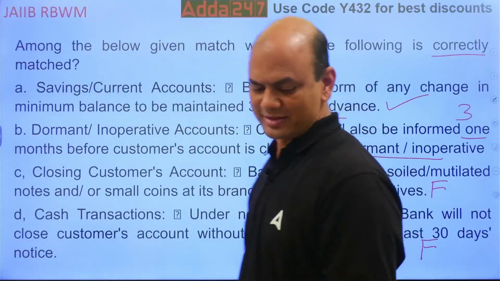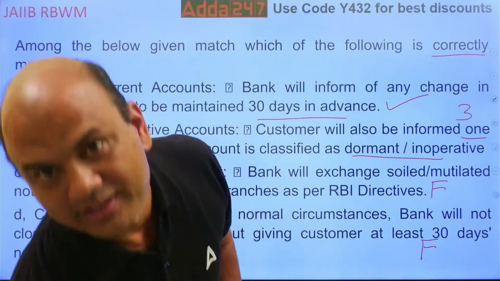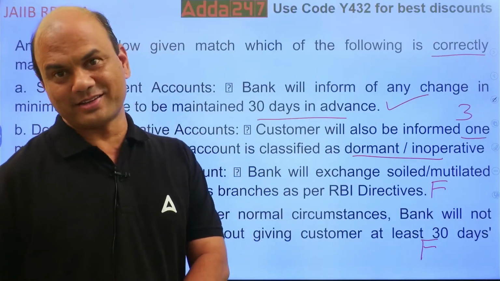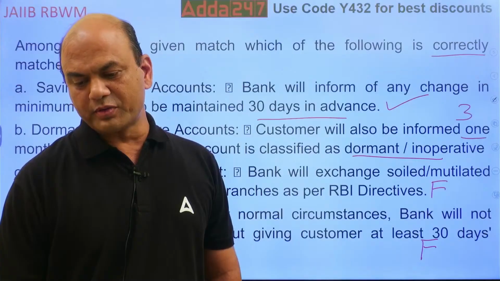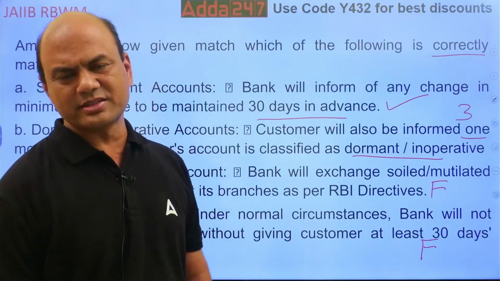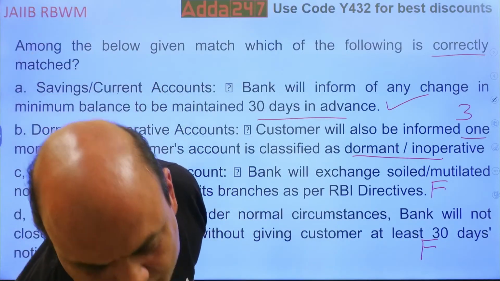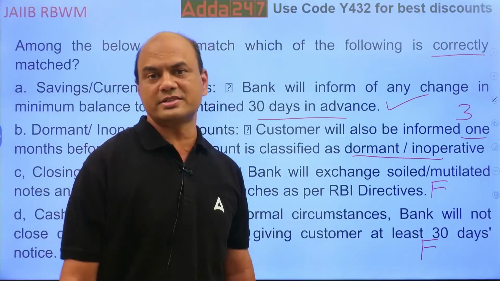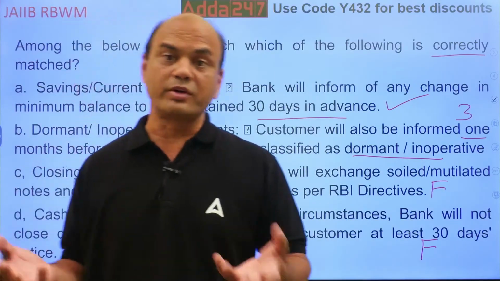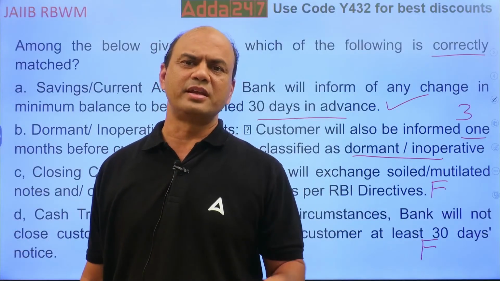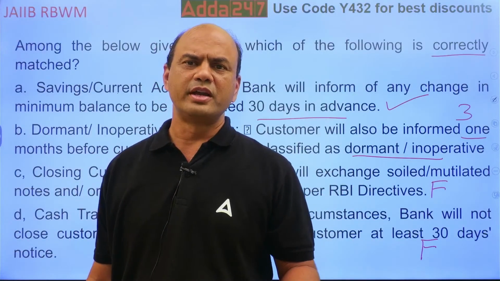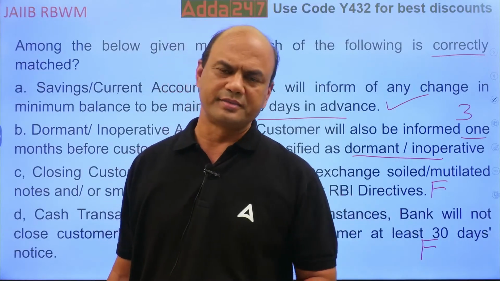Got it, everyone? Clear? See, the concept should be very clear because banking is not that simple. Now, many of you will say, sir, why 3 months, so long? See, because we are not talking of city branches. In the city, everything is available. You send a message, email, WhatsApp, it reaches the customer immediately.